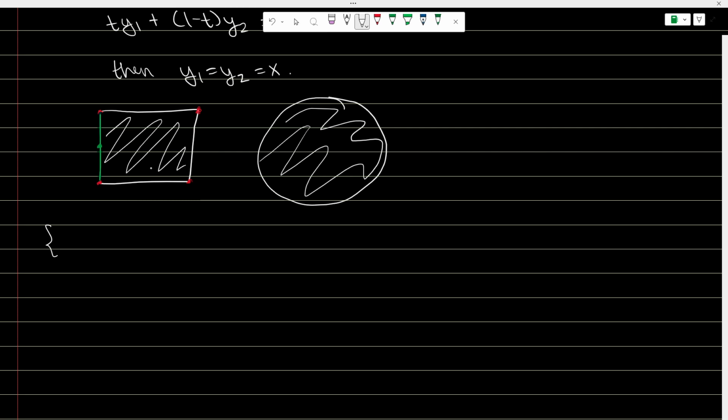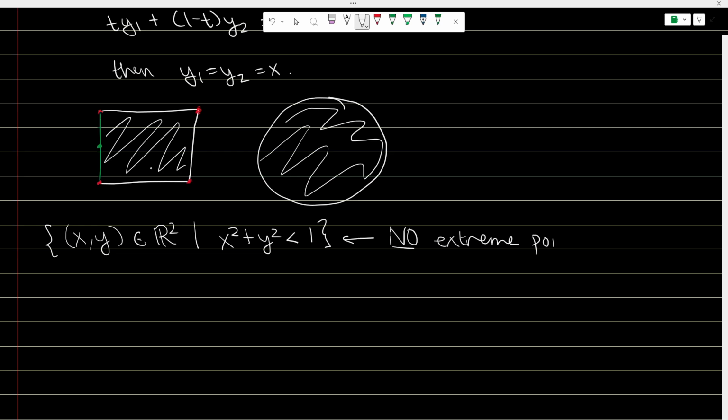Okay. Now, for one more example of a convex set without extreme points, let's take the set of x, y in R^2 with x squared plus y squared less than 1. So this is the open unit disk. This has no extreme points. This tells us some pathology can occur when our set fails to be closed.